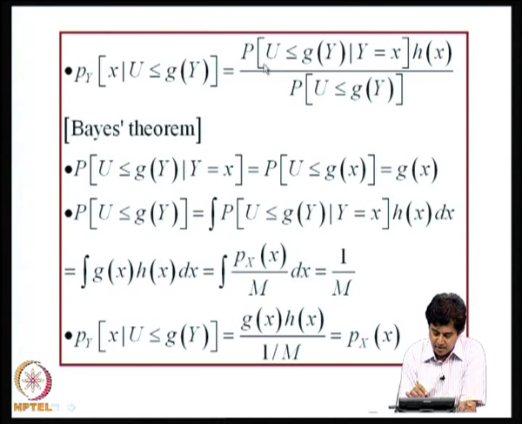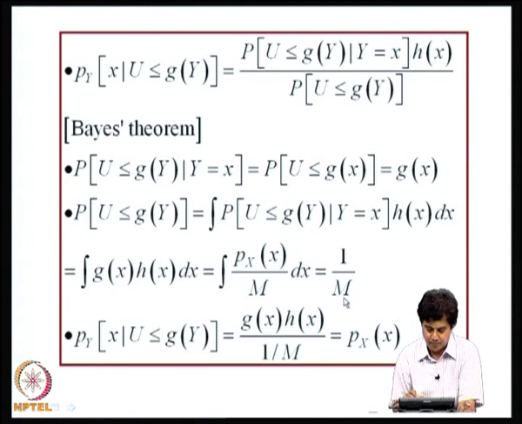Now, here there is the probability of u less than or equal to g(y) conditioned on y equal to x, and this is nothing but g(x), because u is uniformly distributed. Similarly, the probability of u less than or equal to g(y), if you carry out this analysis, you can show is equal to 1 by m. Therefore, if you substitute these into this, we can show that this conditional probability density function is nothing but p_x(x).